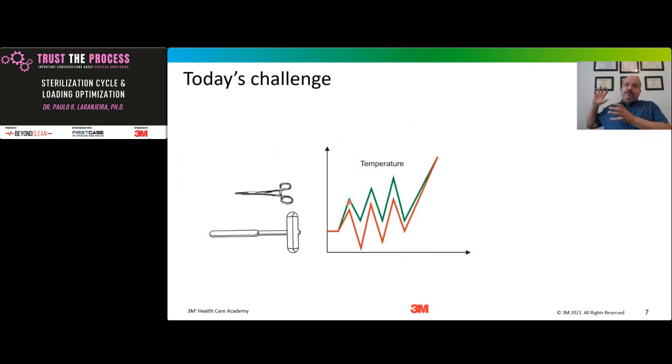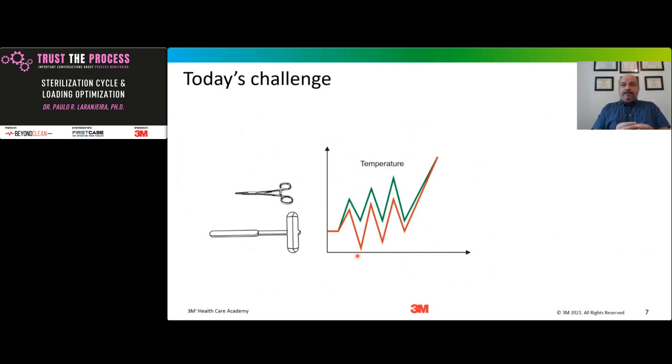So when steam goes inside of the chamber and gets in contact with the medical device, which at the beginning of the cycle is basically at room temperature, that device is going to create a temperature difference between the steam and the medical device, and condensation is going to be created.